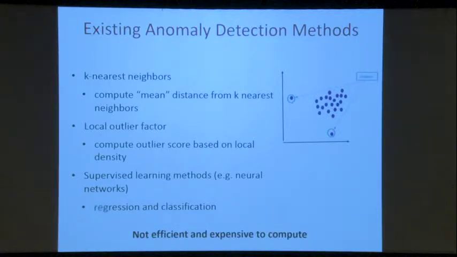The ones that are available to the computer science community right now include things like K nearest neighbors, which computes the mean distance from K nearest neighbors based on a selected threshold, local outlier factor, which computes the outlier score based on some density metrics, or supervised machine learning methods such as neural networks and various other regression, both linear, nonlinear, and classification methods. However, a lot of these existing methods are not efficient and are expensive to compute.